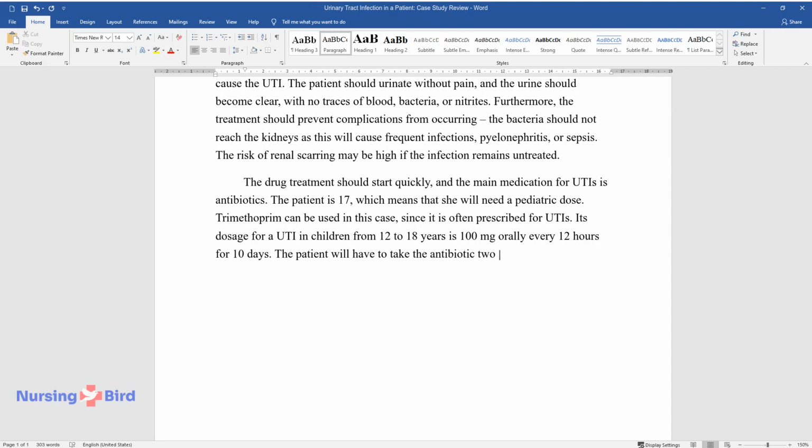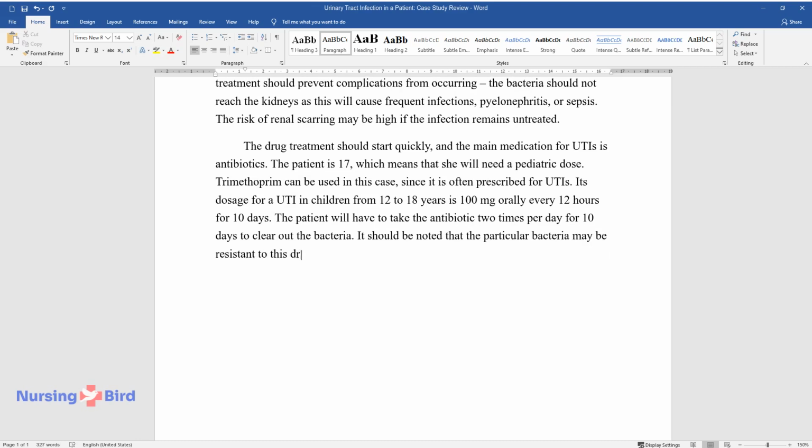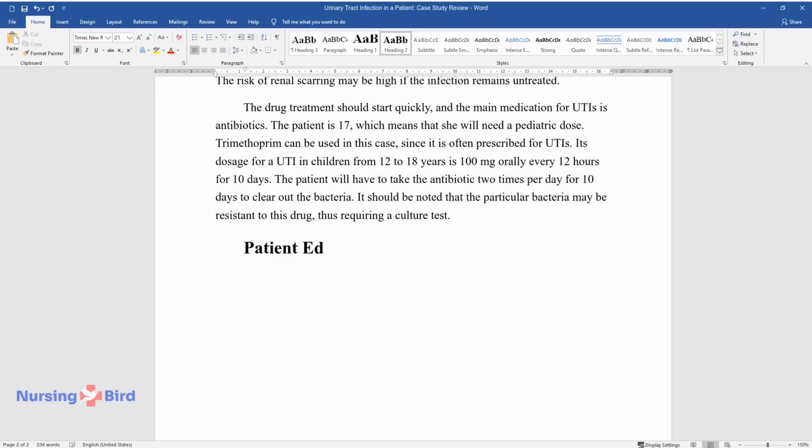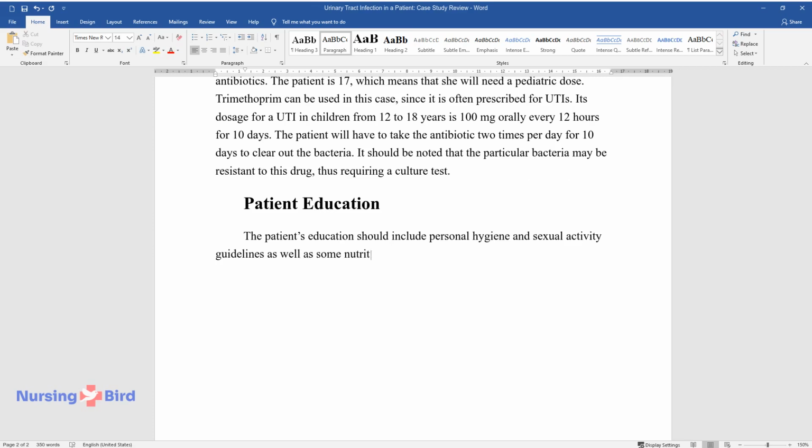The patient will have to take the antibiotic 2 times per day for 10 days to clear out the bacteria. It should be noted that the particular bacteria may be resistant to this drug, thus requiring a culture test.